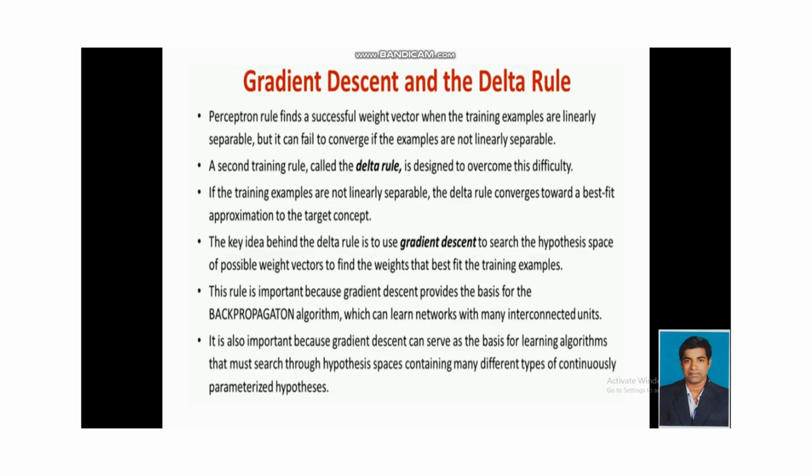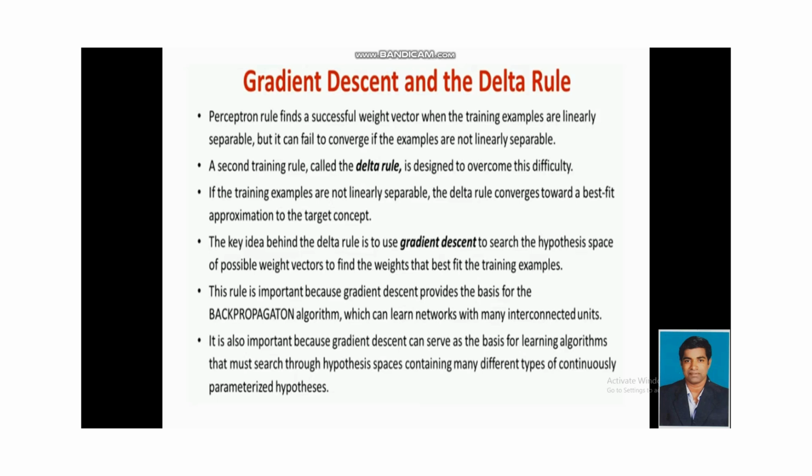If the training examples are not linearly separable, the delta rule converges toward a best-fit approximation to the target concept. The key idea behind the delta rule is to use gradient descent to search the hypothesis space of possible weight vectors to find the vector that best fits the training examples.